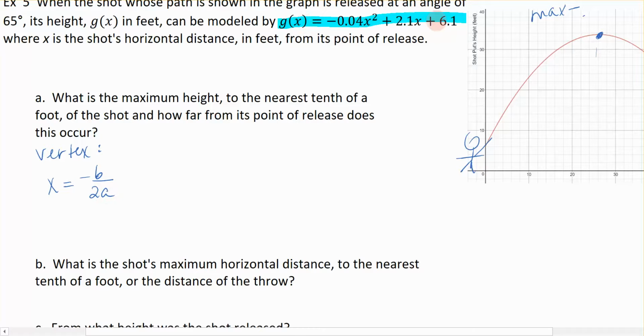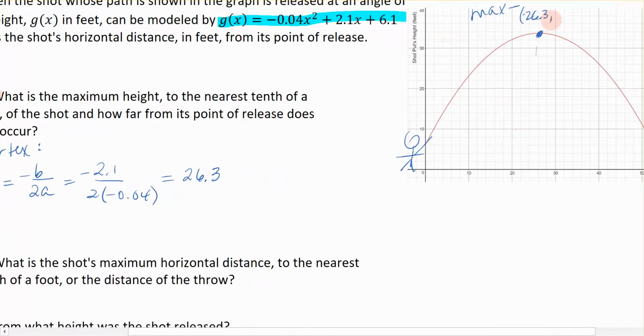They gave me the function representing this path, so pulling out the a's, b's, and c's, we can find that negative b, which is 2.1, divided by 2 times a, which is negative 0.04. When we plug that into our calculator to the nearest tenth, we find that the x-coordinate would be 26.3. So the x-coordinate would be 26.3 for this spot.